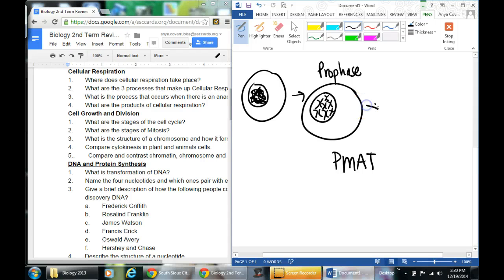During metaphase, the nucleus starts breaking down. During metaphase, the chromosomes meet in the middle.